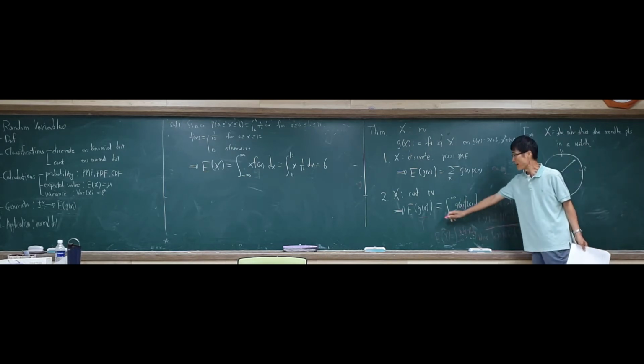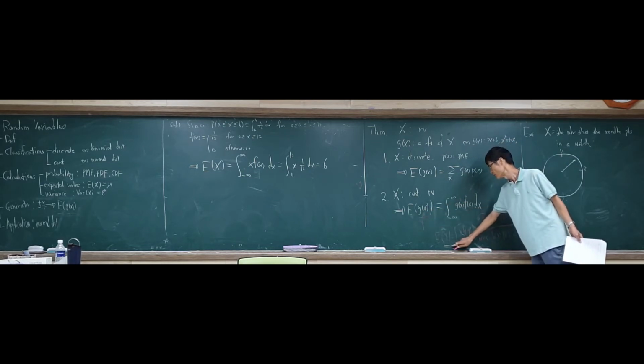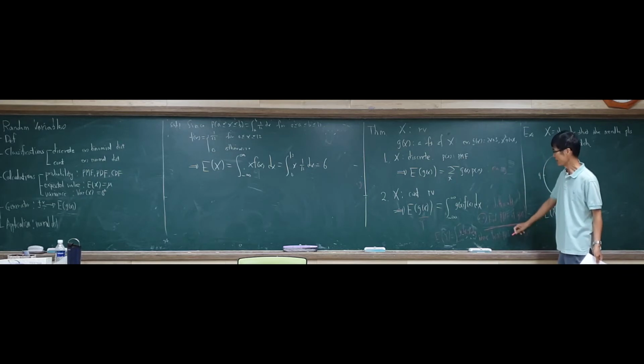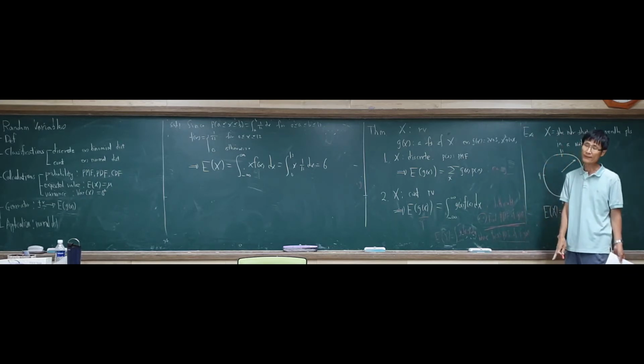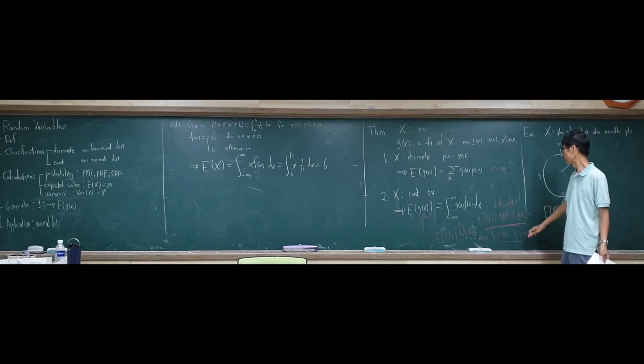So by definition, if you want to calculate this one, you should calculate this one. But in the process, we need to find the probability density function of g(x). If g(x) is a linear function, it's not so difficult. But if g(x) is a more complicated function, then it's very difficult to find the exact probability density function.